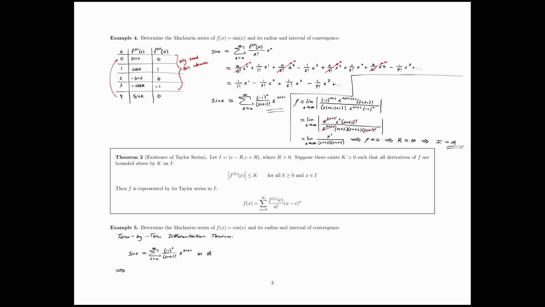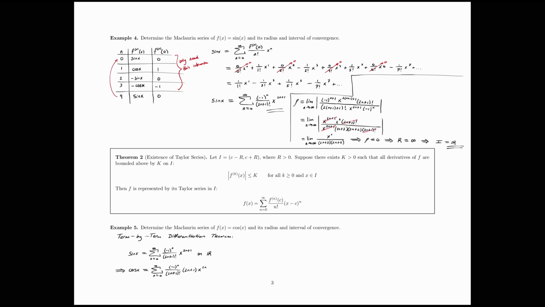This implies that cosine of x is the derivative of this series. The derivative would only affect this term. So here we'll have negative 1 to the n over 2n plus 1 factorial. The derivative of x to the 2n plus 1 is 2n plus 1 times x to the 2n.